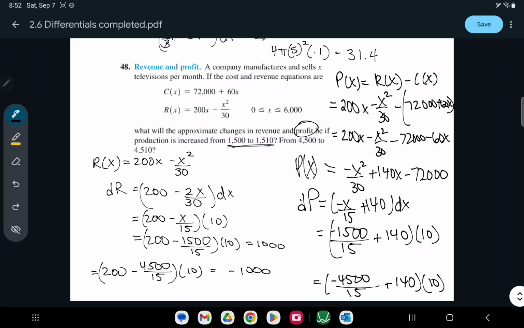I'm going to put these in the calculator. So negative 1,500 over 15 plus 140 times 10 gives me 400. And then negative 4,500 divided by 15 plus 140 times 10 is negative 1,600.